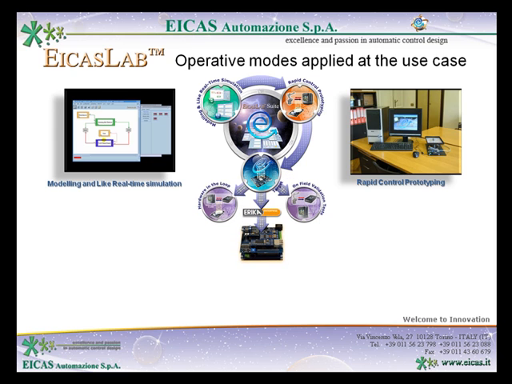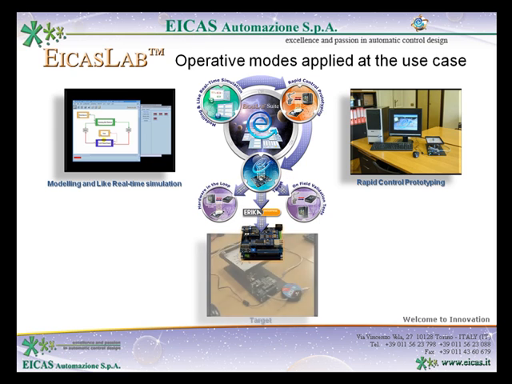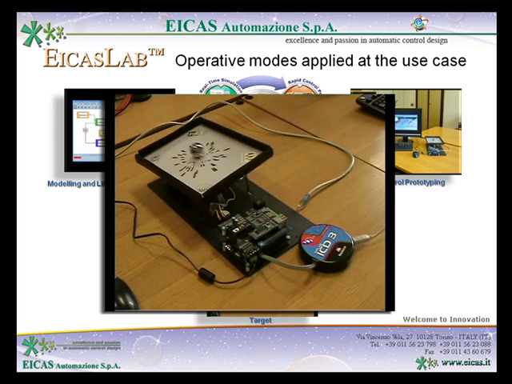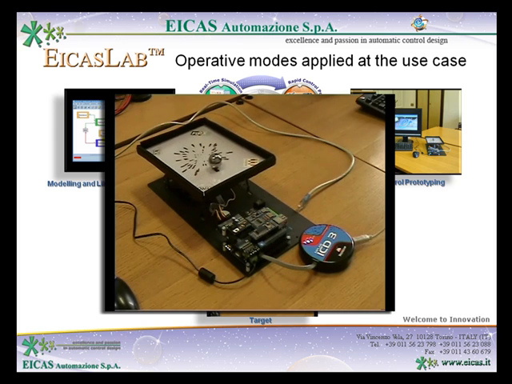Then, the target operative mode allows the designer to automatically generate the basic software necessary to run in the final hardware target the same control code, the application software, already tested in the previous operative modes, to execute in real time the hardware-in-the-loop and on-field validation tests.